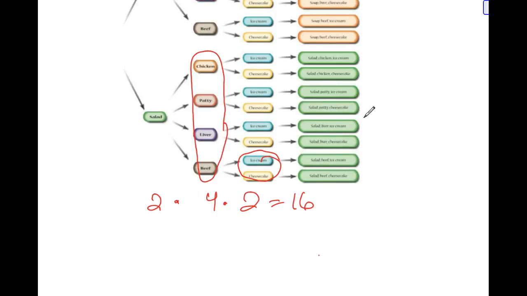So even doing the tree diagram, I still come up with 16 different possible meals that I could order in this particular case. So what you're doing is you're taking however many you have in each possible choice and multiplying it together. That is if you're selecting one item from each possibility.